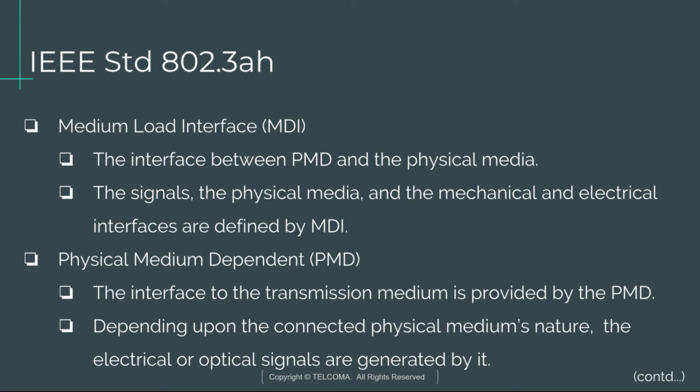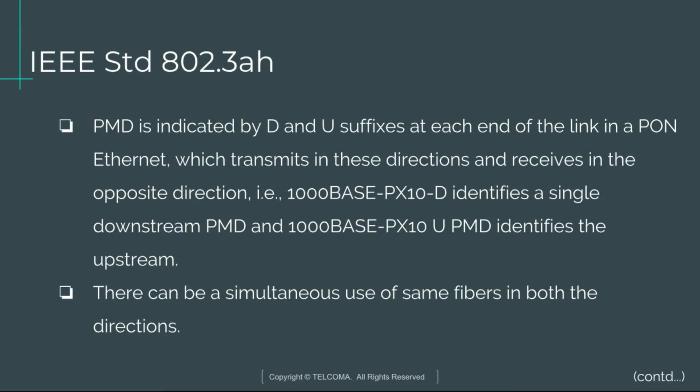Physical medium dependent. The interface to the transmission medium is provided by the PMD. Depending upon the connected physical medium's nature, electrical or optical signals are generated by it. PMD is indicated by D and U suffixes at each end of the link in a PON Ethernet, which transmits in these directions and receives in the opposite direction.